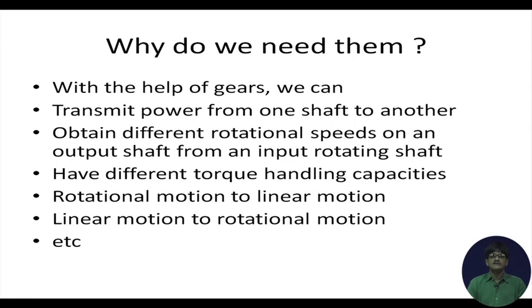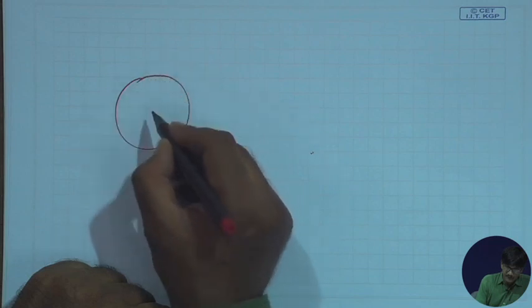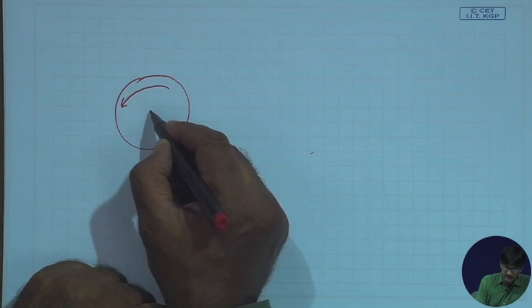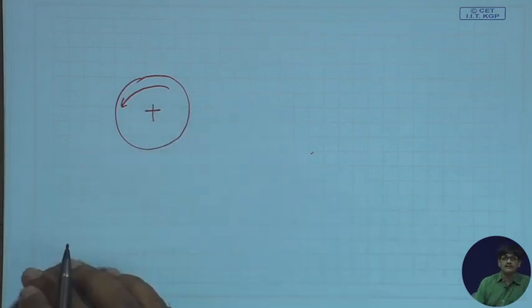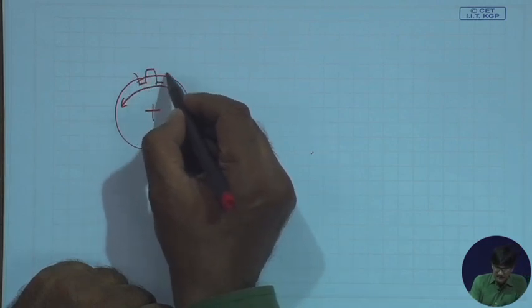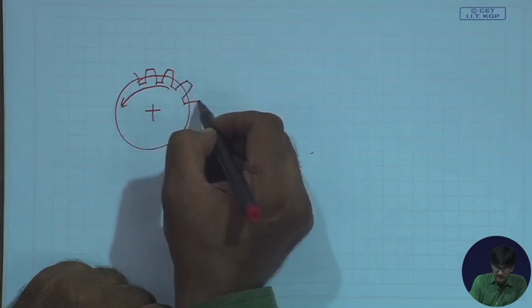Next, rotational motion to linear motion. Let me give you an example by drawing a figure. I have rotational motion here and I have put a gear here, rotating about this axis of rotation, with teeth on it.